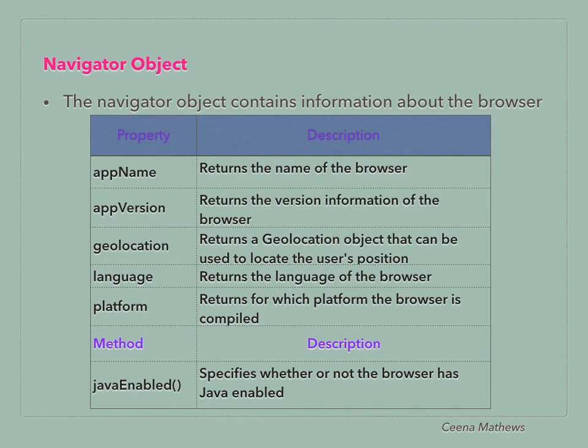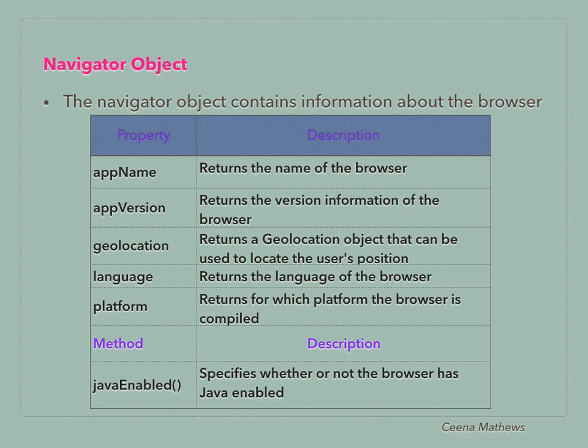It is again an object that can be used to locate the user's position. So you need to specify the corresponding properties to view the values of geolocation. It will display the latitude and longitude of the user's location. Language returns the language of the browser. Platform returns for which platform the browser is compiled.